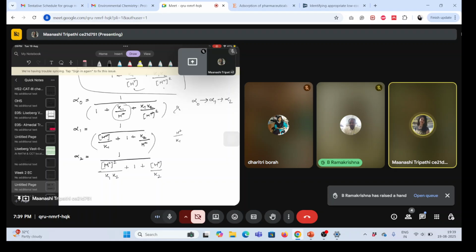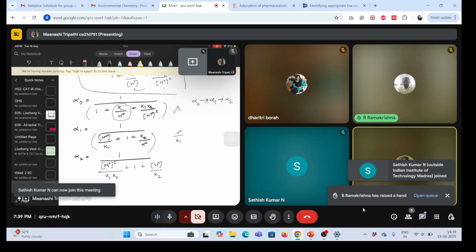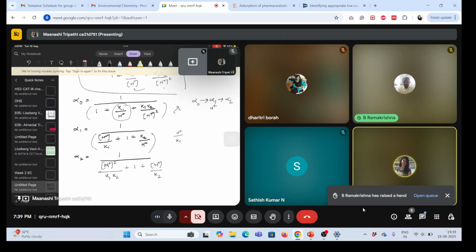For alpha naught to alpha 1, just multiply the denominator by the reverse of H plus by K1. And for converting it to alpha 2, just multiply the denominator by the reverse of H plus by K2. So this conversion you have to do and you will get the answer.